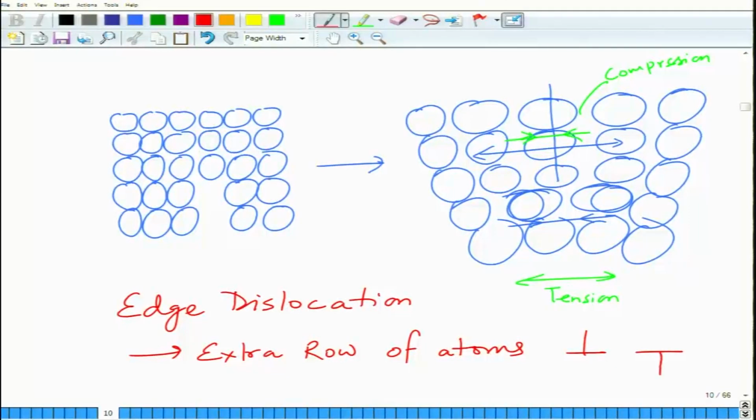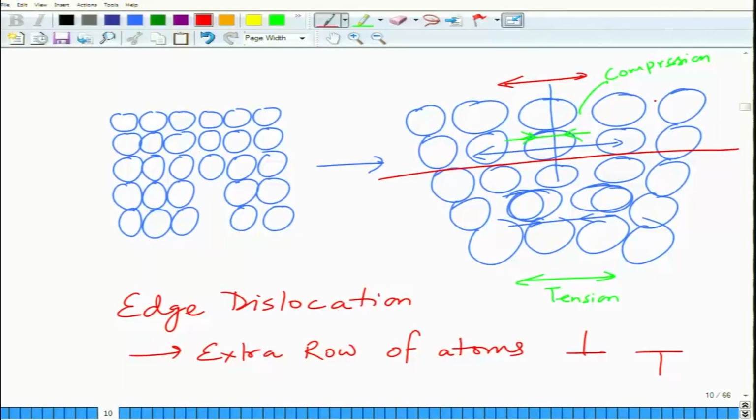If it is present on the other side, it is called a negative edge dislocation. Now, this edge dislocation moves as a function of stress in the material. So, when you apply stress, the dislocation can move in this or this direction. Okay. So, the way it happens is that this is the plane on which it moves.